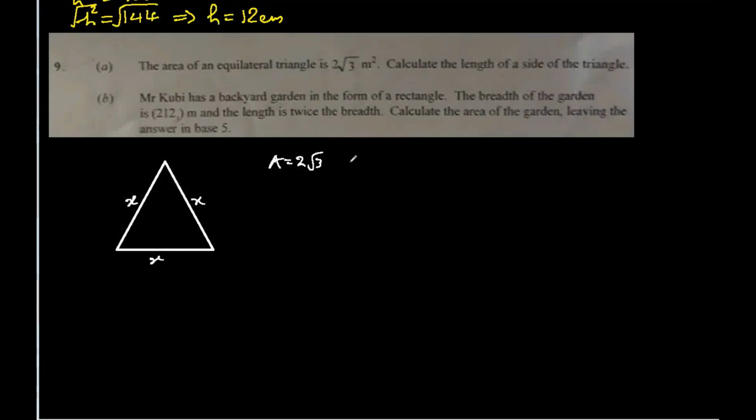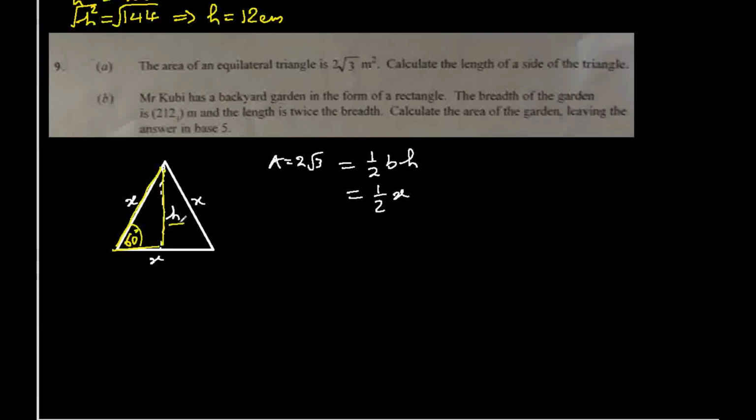So the area of a triangle is half base times height. Base is x for us, so half times x, but height is to be found out. Let's call it h. And focus on this triangle only to find h. We know that one angle of an equilateral triangle is 60 degrees always, right?